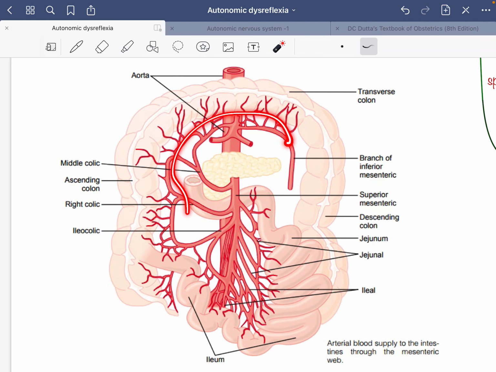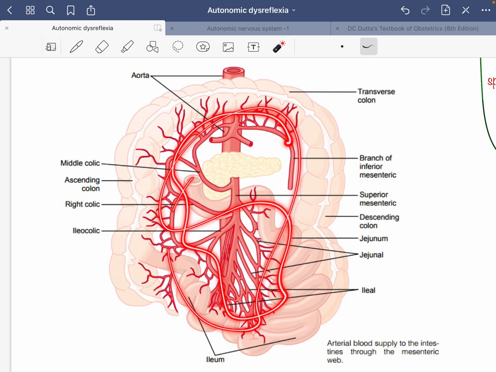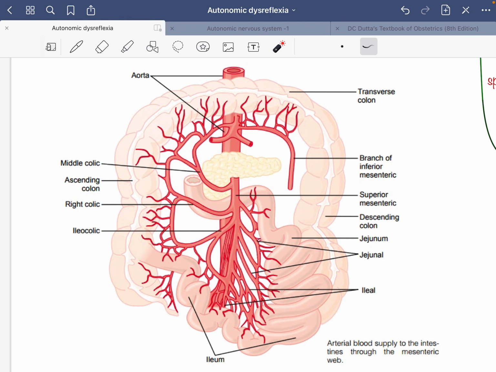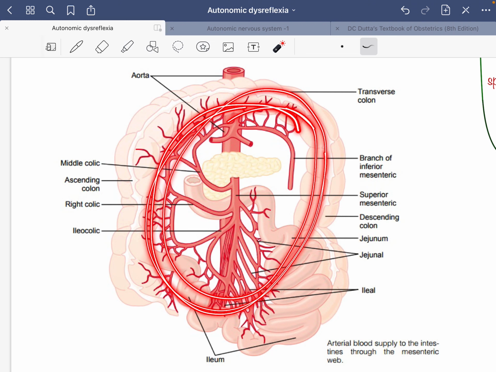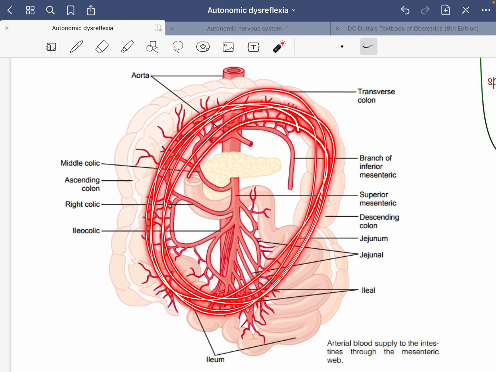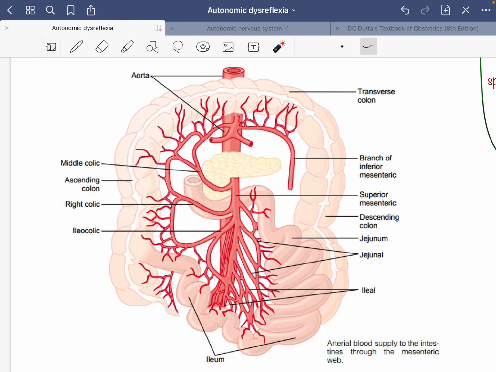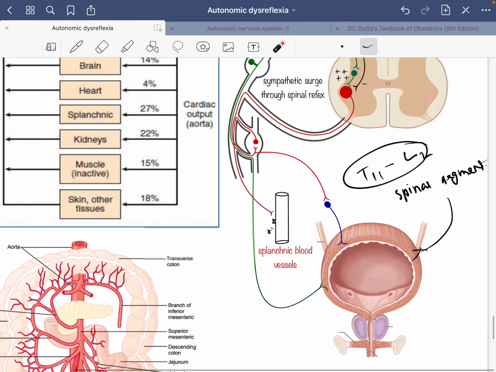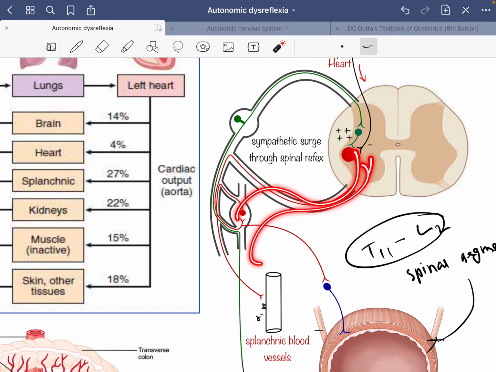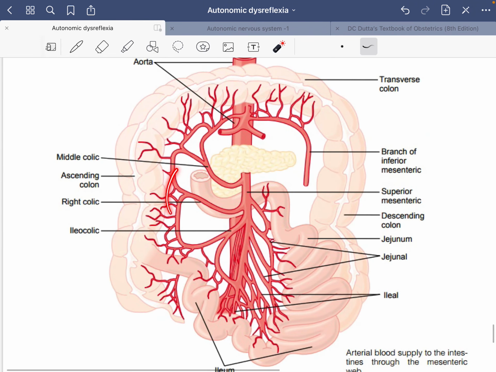Here you can see the splanchnic circulation. So, as I have just mentioned, the T10 to L2 spinal segments supply the major portion of the splanchnic circulation. Whenever the lateral horn cell is stimulated due to the distended bladder, it also releases an excitatory neurotransmitter on these blood vessels.